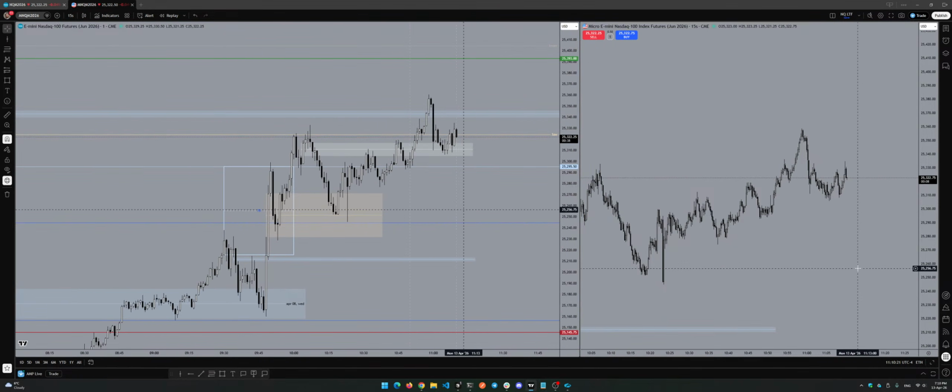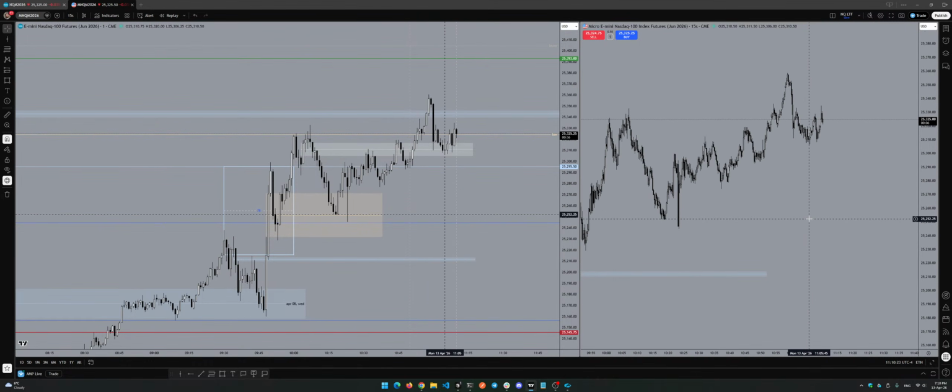If it were to break down, what would be a meaningful target? Probably midpoint of this week. It's in close proximity to this FVG and opening range gap midpoint.